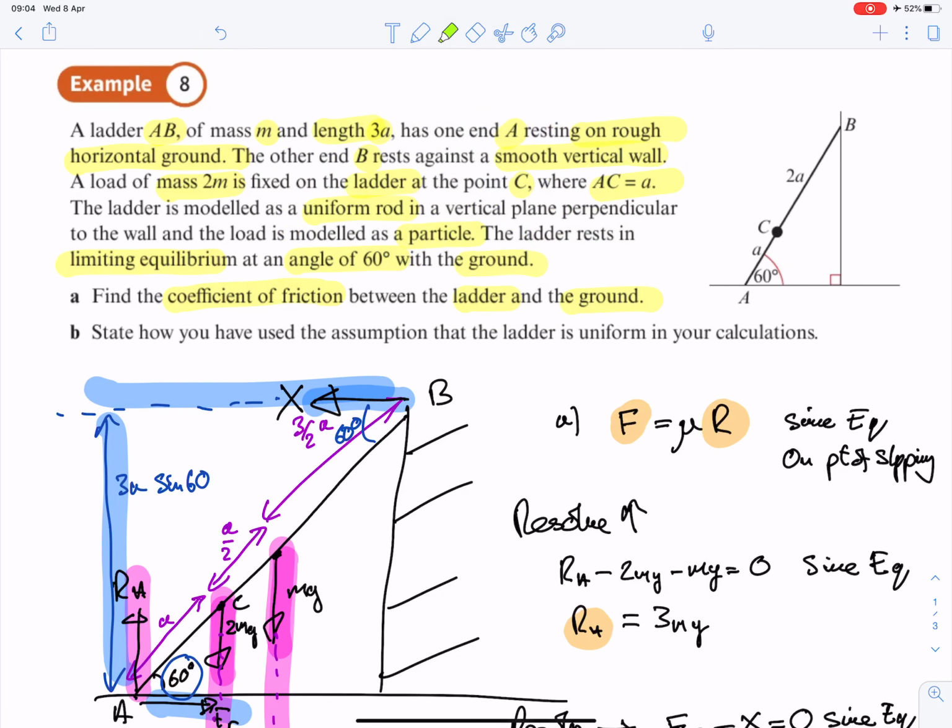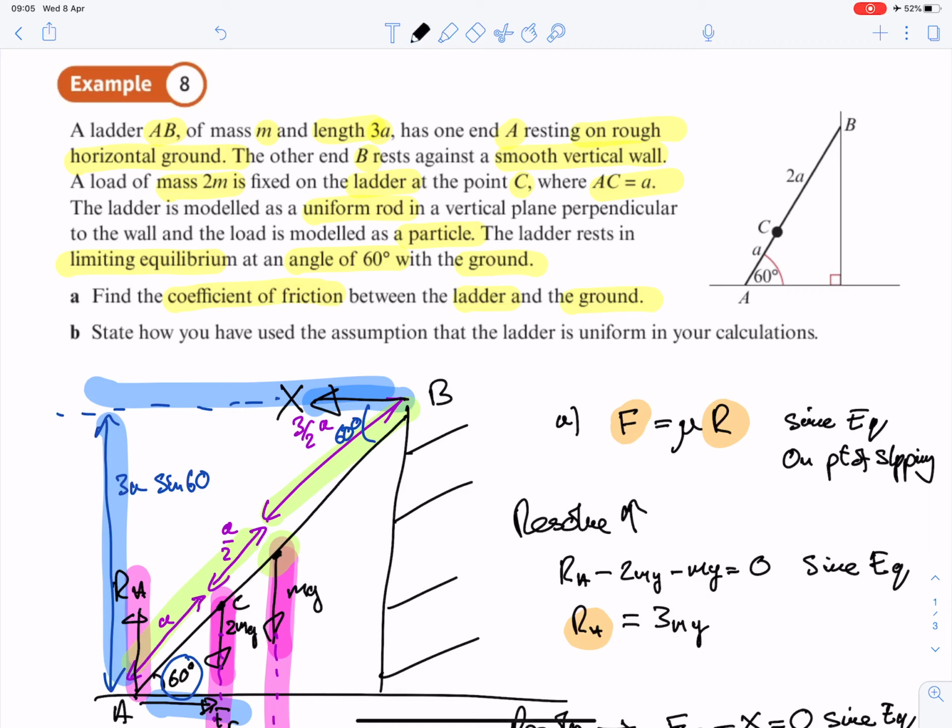So we tap that in a calculator and we get, I don't know, root 3 is what, 1.7-ish. It's going to be just about a fifth, I would think, about 0.2 and a bit.